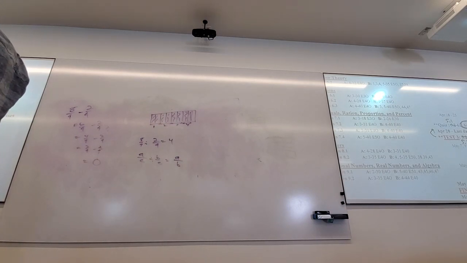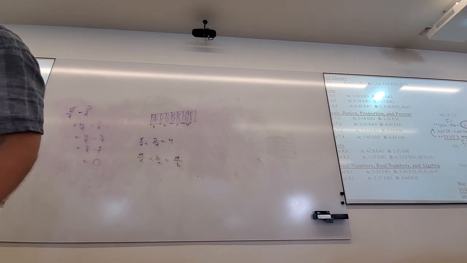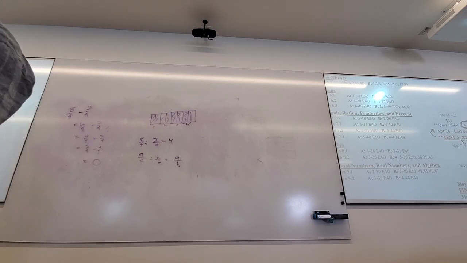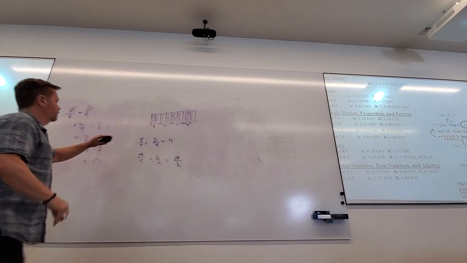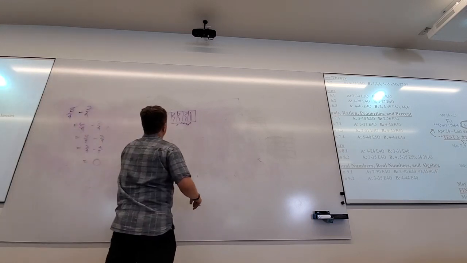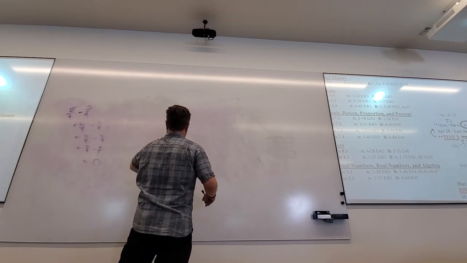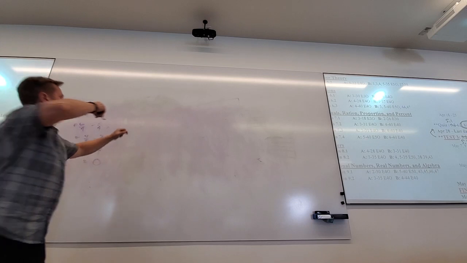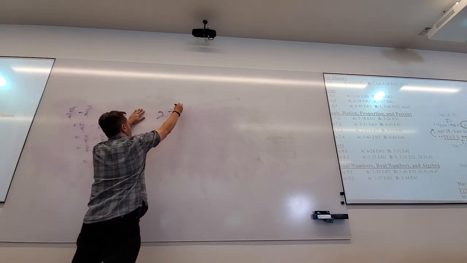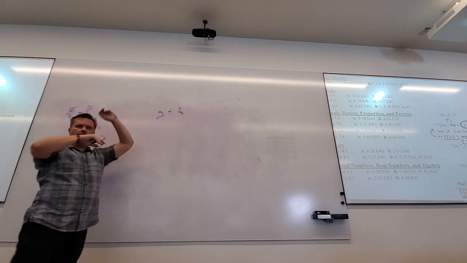Where's my example? Oh, there it is. So what if I had 2 divided by a third, and I want to do that visually?